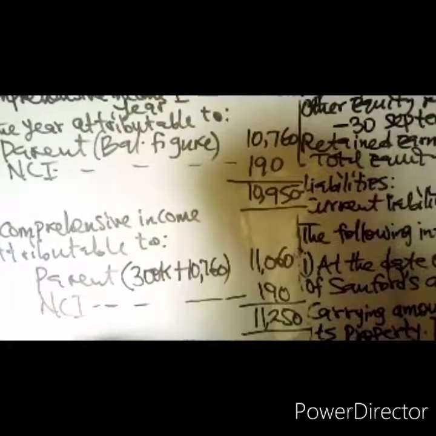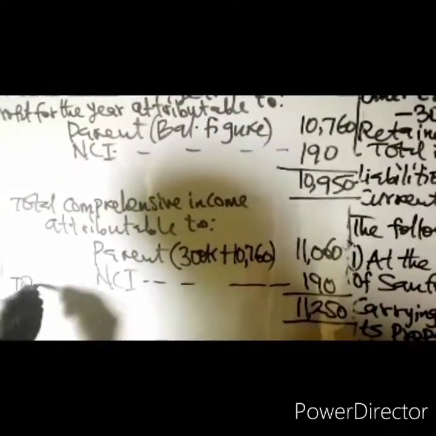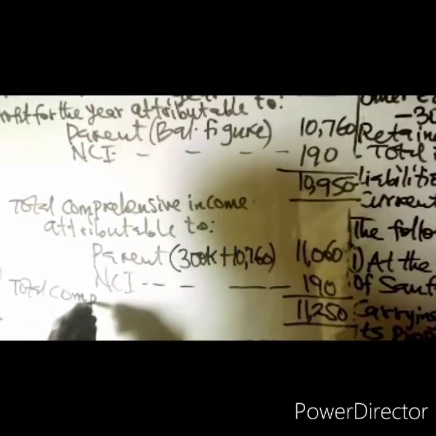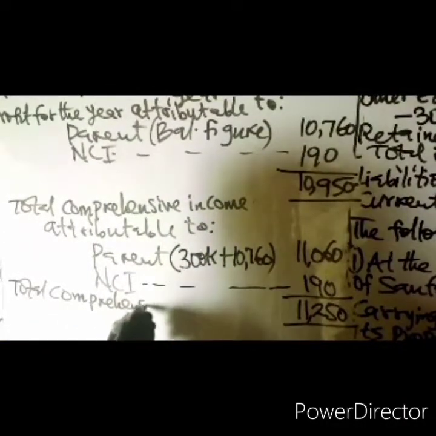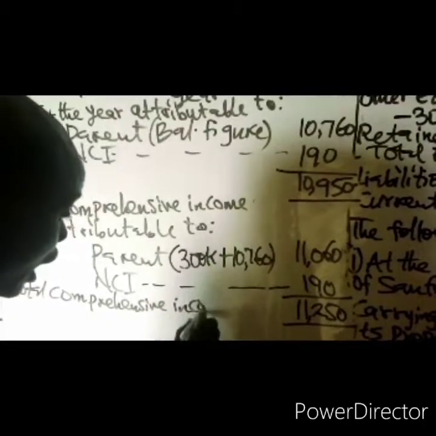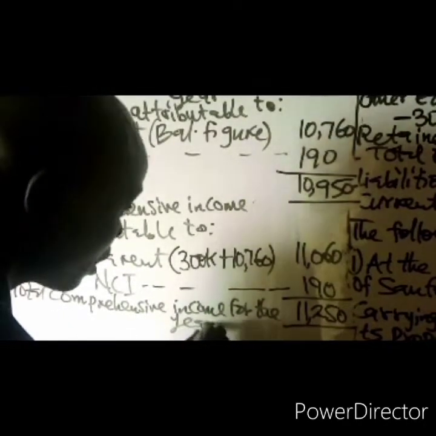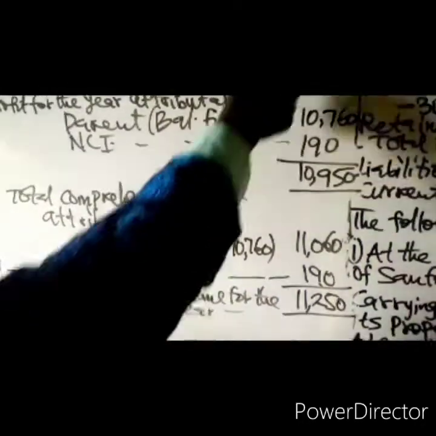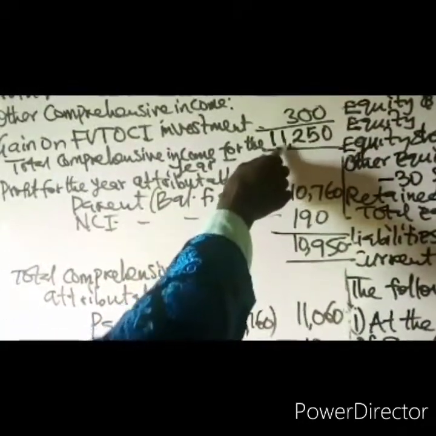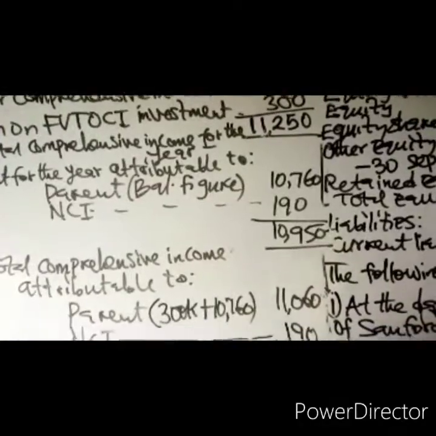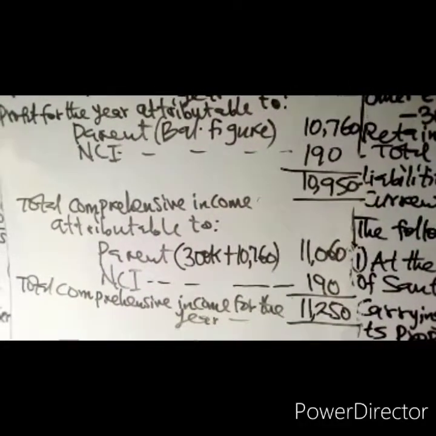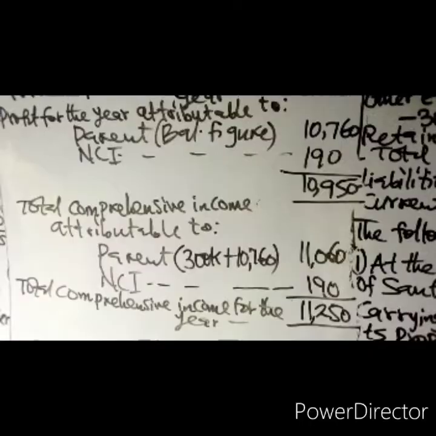That is total comprehensive income for the year, which must agree with the 11,250 you have as the total comprehensive income for the year. That is all about the statement of profit or loss.